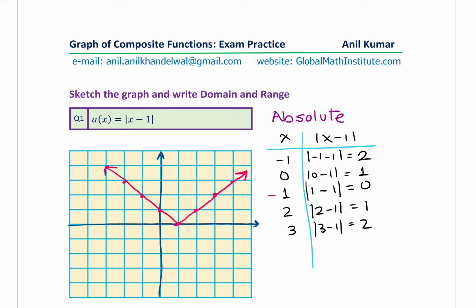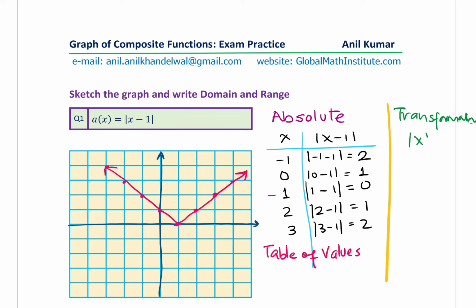The other way, let's call this the table of values. Now, some of you could have also sketched with the help of transformations, right? So let me write down here, transformations. You know the function f(x) = |x|, and then |x - 1| will be a shift by 1 unit, correct?